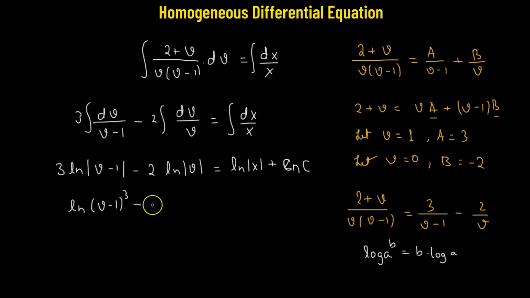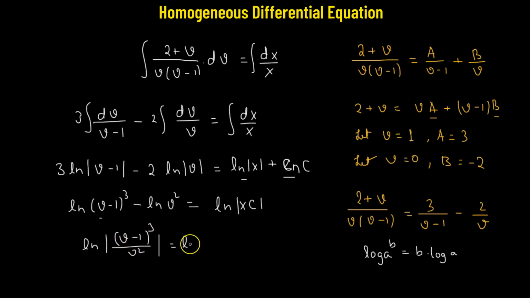For this one, we have negative log of v squared. We'll combine these two logarithms to get log of x times c. Then we can also combine to get natural log of (v minus 1) cubed divided by v squared, and this is equal to natural log of x times c.